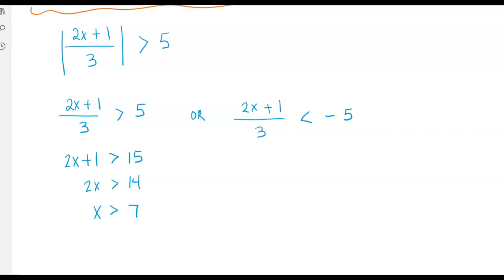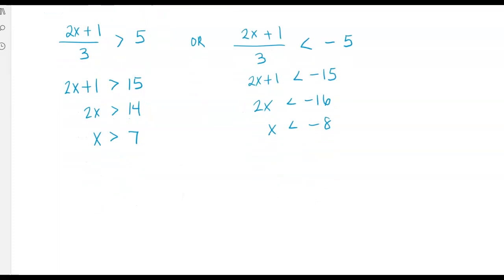On the right-hand side, 2x plus 1 is less than -15. 2x is less than -16. X is less than -8. I never divided by a negative number here, so I don't need to change the signs at all.